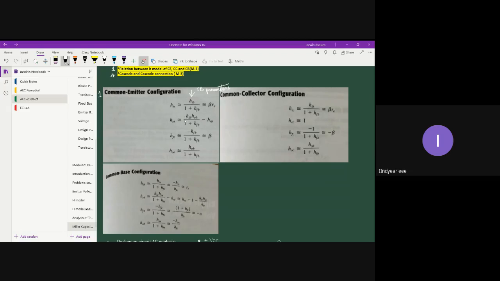Okay, so there is a proof, but that proof is very tedious, and it will not be asked in the exam also. The only downside of this discussion is that you need to learn these equations by heart, which I normally don't like.